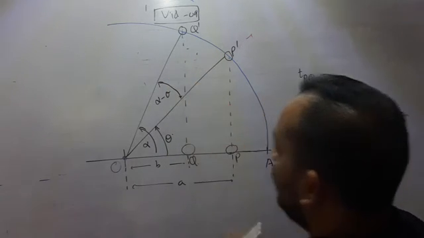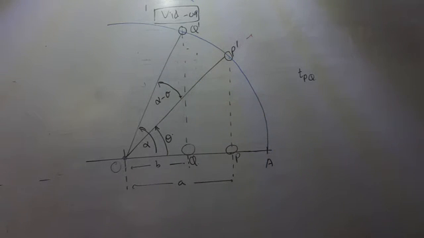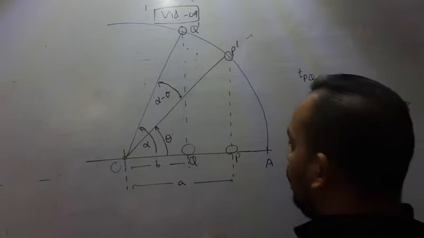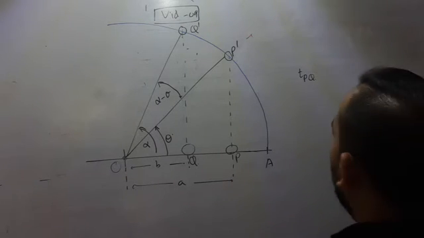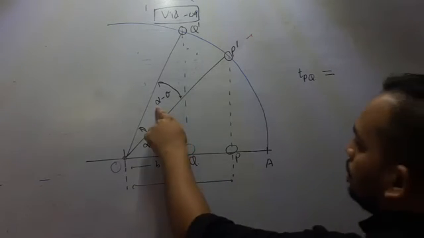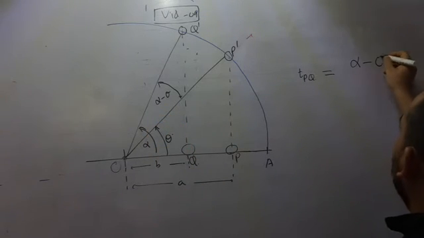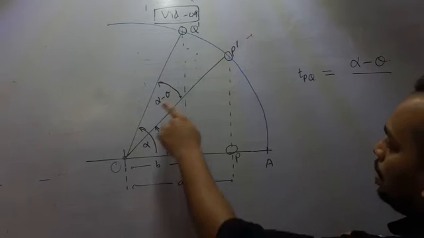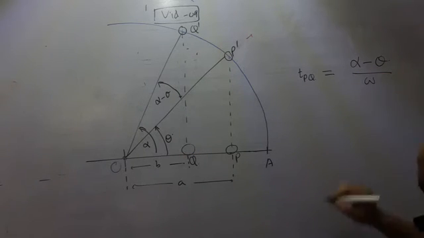This is the amount it has rotated within that given time. So how long will it take to rotate? You can easily obtain this answer. TPQ would be this angle, alpha minus theta, divided by the angular velocity, which is omega.